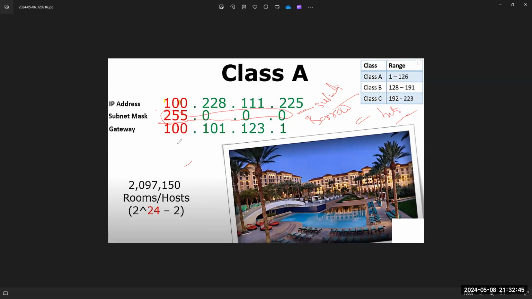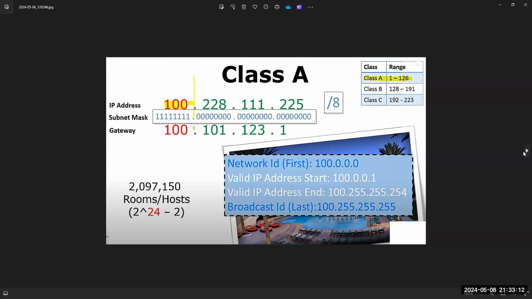It is also called classless IP segregation. So we will not be using classes. We will be using classless segregation of IP, and that is again called subnetting, right? Clear?